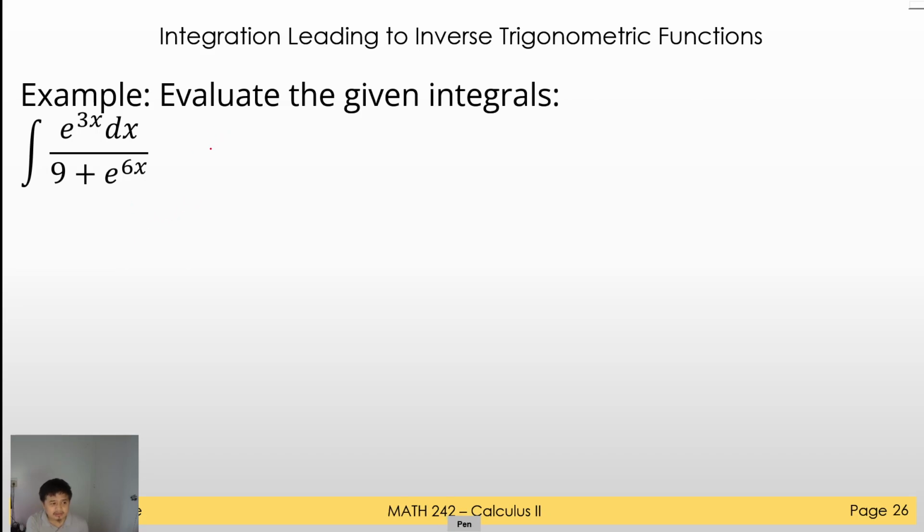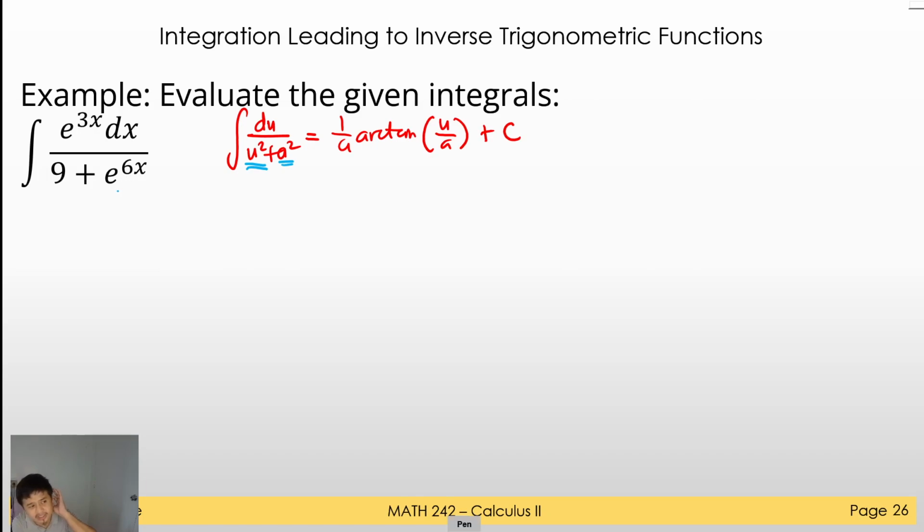So an alternative, this looks familiar actually. If you can remember, we have the integral of du over u squared plus a squared, which is equal to 1 over a arctangent u over a plus c. So the u squared slightly resembles this, and the a squared slightly resembles this.